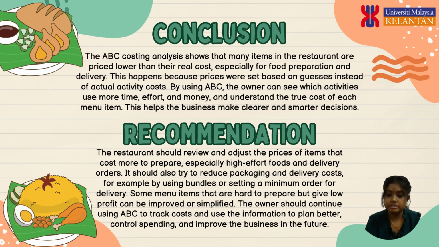For delivery orders, the restaurant can introduce minimum order values, promote bundle sets, and encourage self pickup to reduce packaging and delivery costs. We also recommend reviewing menu items that have high cost but low margins and combining them with higher profit items where possible.